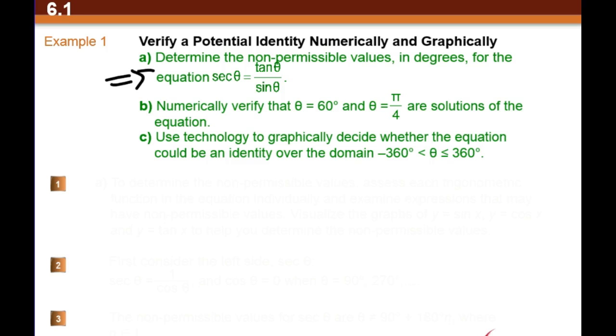Sine and cos, right? And tan, because tan is sine and cos. Secant is the same thing as 1 over cos, so we can think of secant as everything that's 1 over cos. So what wouldn't we want cos to be here in the bottom? 0, right? So you need to look on your unit circle and see where cos is 0.